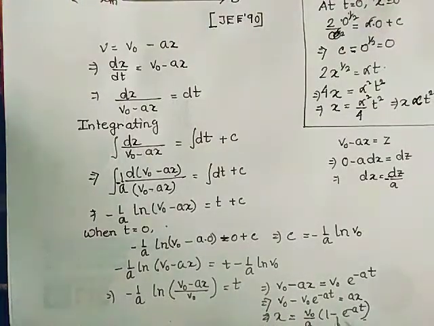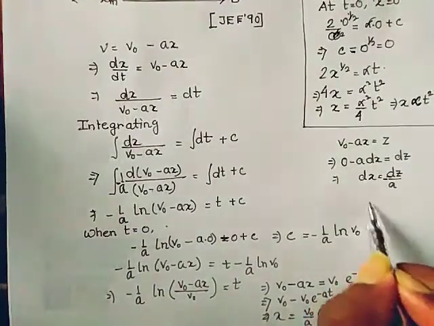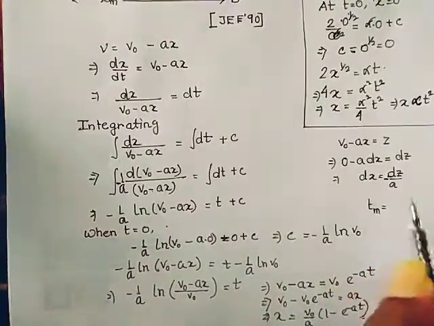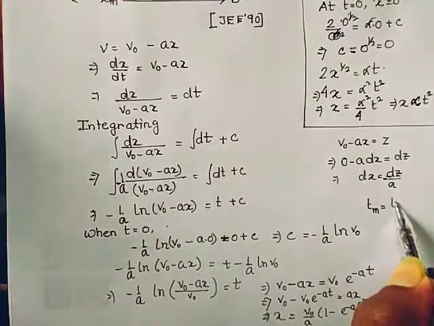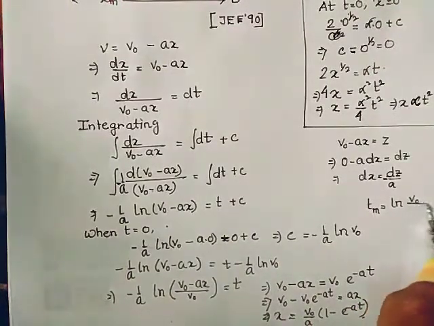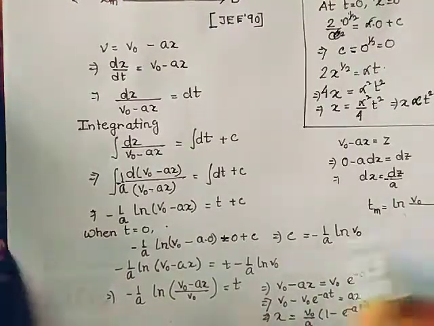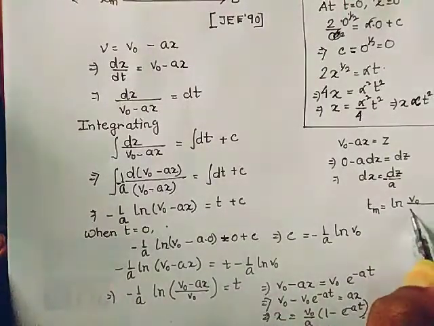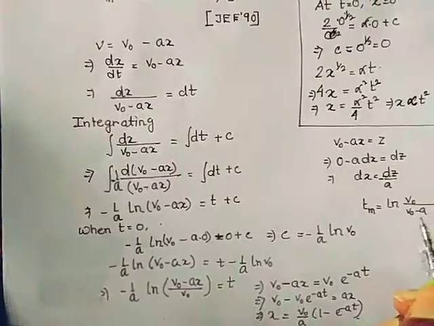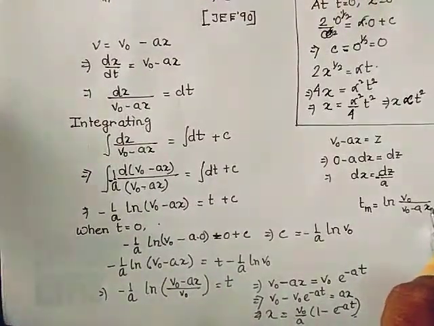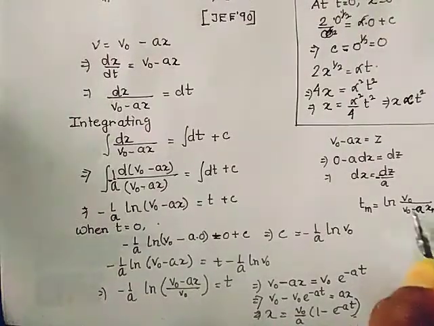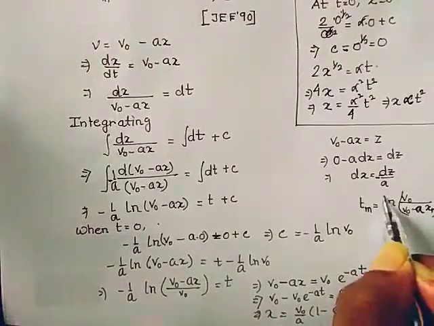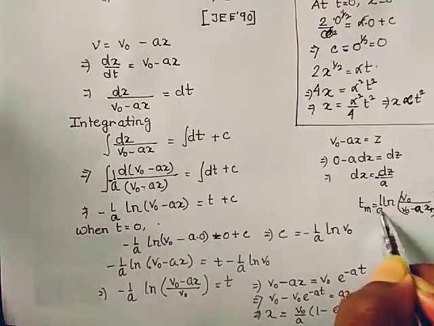If I want to find the expression of t from here, then t m equals 1 by a ln of v naught divided by v naught minus a x m, within brackets.